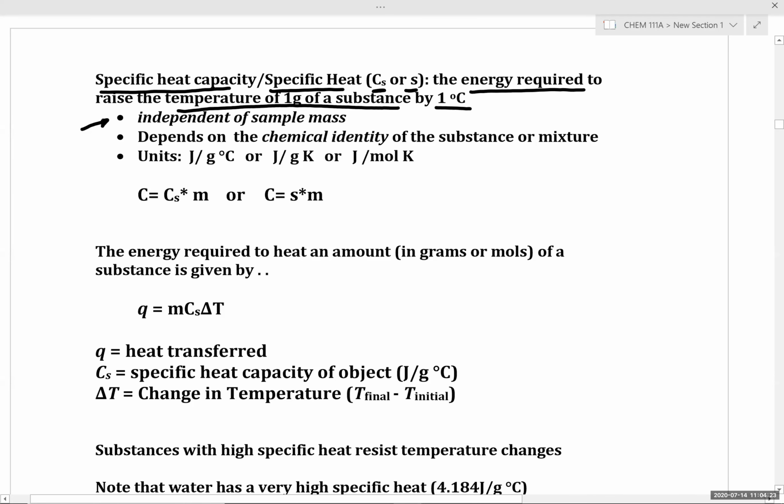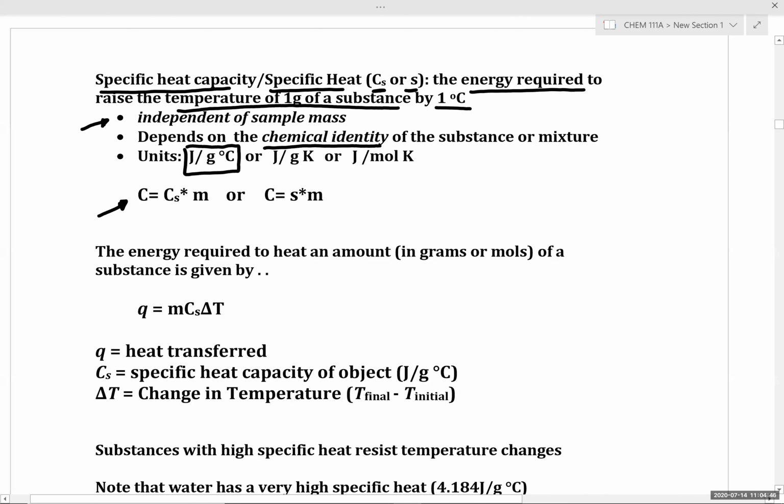Specific heat, really importantly, is independent of sample mass, but it depends on the chemical identity of your substance. The units primarily are joule per gram degree Celsius. You can calculate your heat capacity by taking the specific heat times the mass.